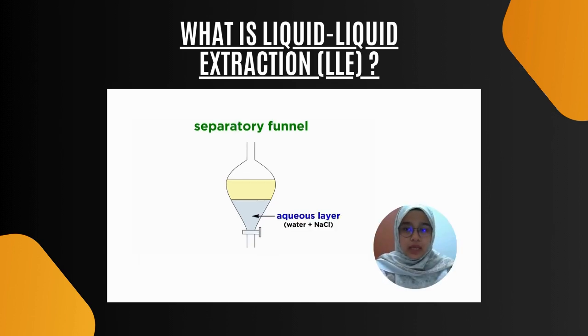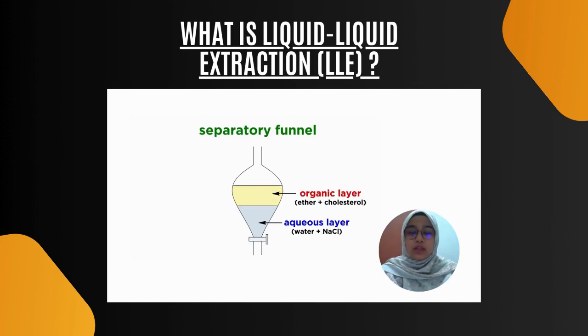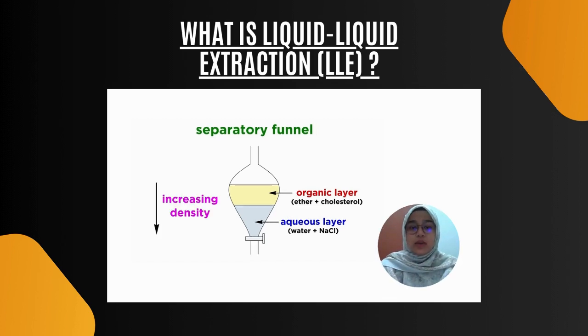On the bottom layer, we will get an aqueous layer which contains all of the water and the sodium chloride that has been dissolved in the water. On the top layer, we will get an organic layer which contains all of the ether and all of the cholesterol that has been dissolved in the ether. Since the water is more dense than ether, it will be at the bottom layer.